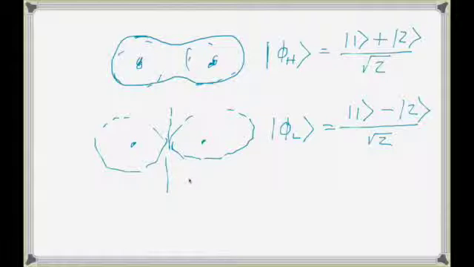And these are eigenstates of a Hermitian Hamiltonian. So one thing you learned somewhere is that the non-degenerate eigenstates of a Hermitian matrix better be orthogonal. And since we've normalized, these are orthonormal.